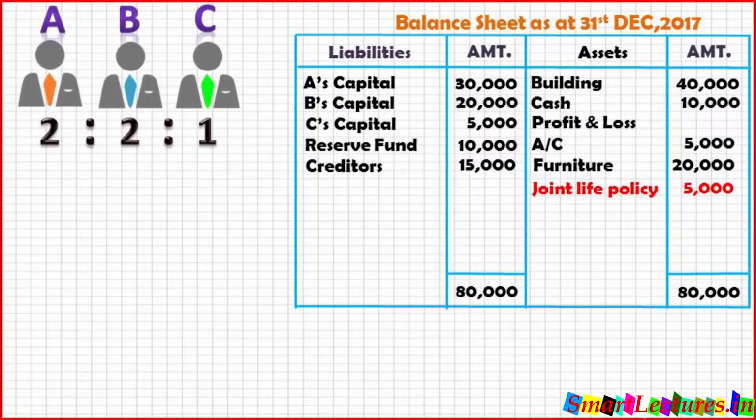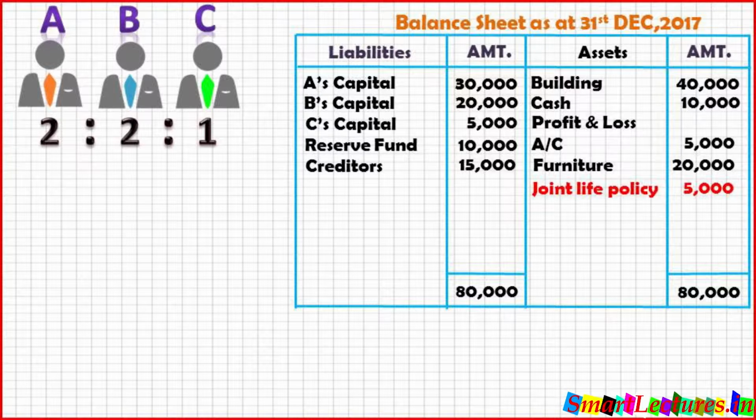Number one, joint life policy of rupees 5,000 is appearing in the balance sheet on the asset side. It means one thing is clear: they have taken a joint life policy and they are showing it on the asset side, which means they have adopted the asset method.